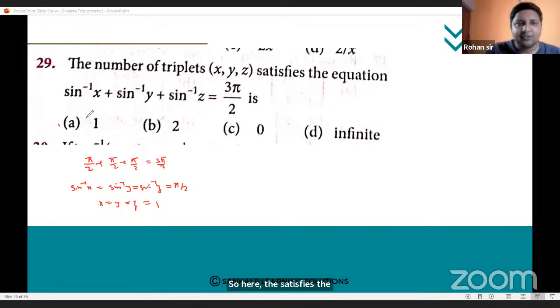So one solution satisfies, and option A will be the right answer.